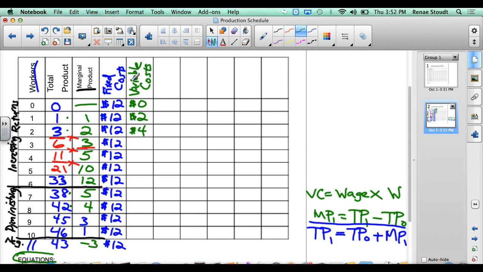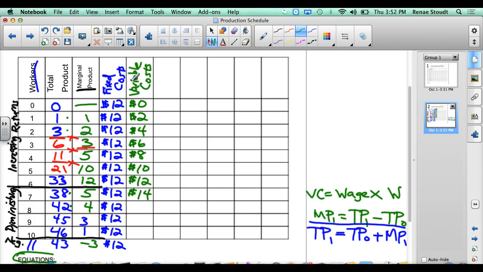At 3 workers, 2 times 3 gives 6. At 4 workers, 2 times 4 gives 8. At 5 workers, 2 times 5 gives 10. At 6 workers, 2 times 6 gives 12. At 7 workers, 2 times 7 gives 14.